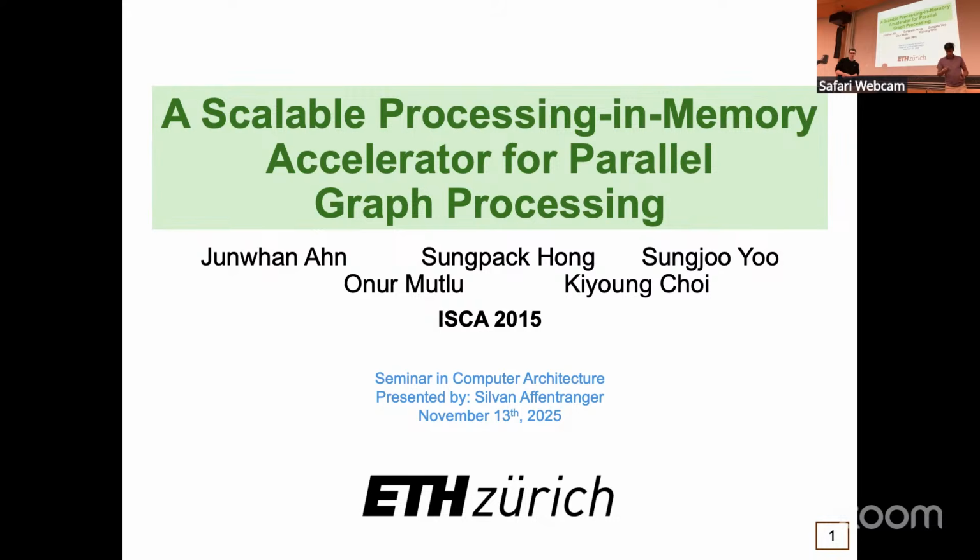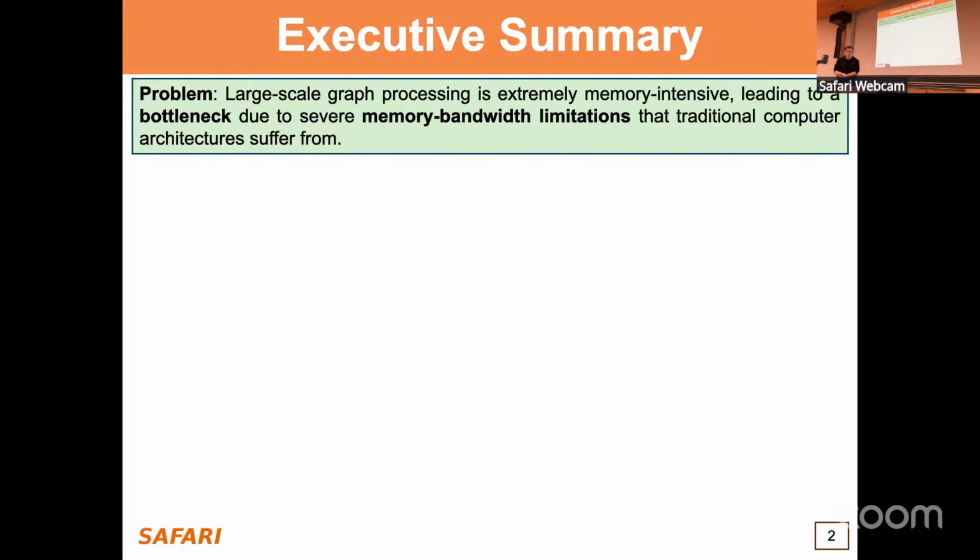Yeah, thanks for the introduction. So as mentioned, this is my paper presentation. First, look at the executive summary. We have a problem with graphs: large-scale graph processing is extremely memory intensive, which leads to a bottleneck due to the severe memory bandwidth limitations that traditional computer architectures suffer from.